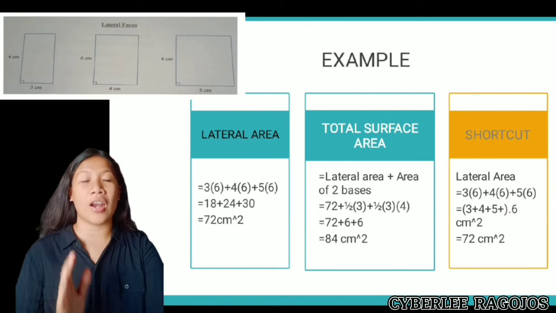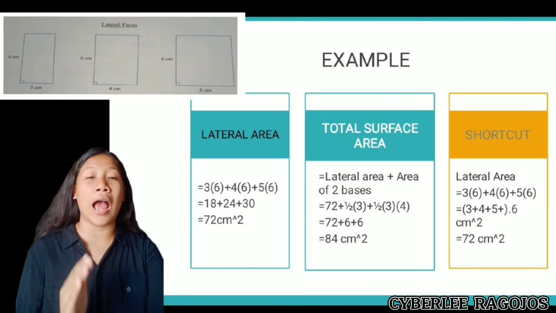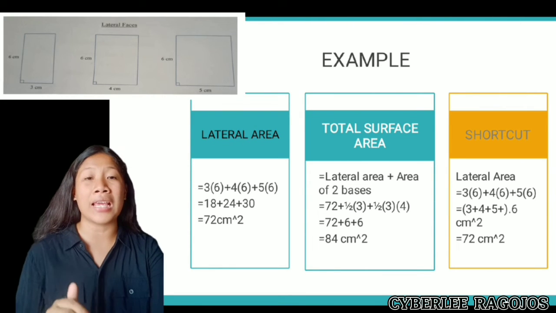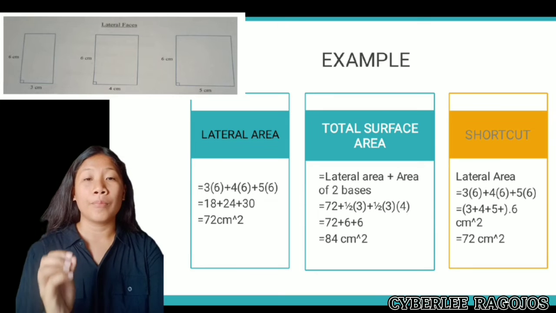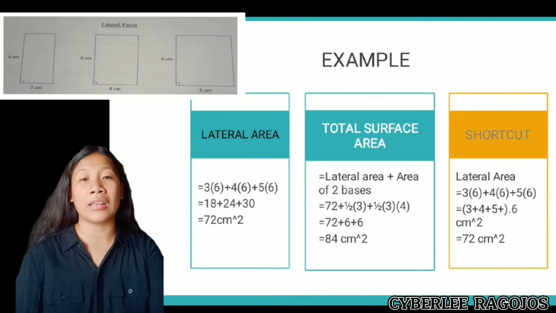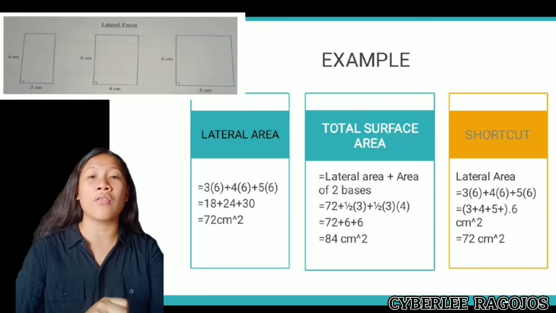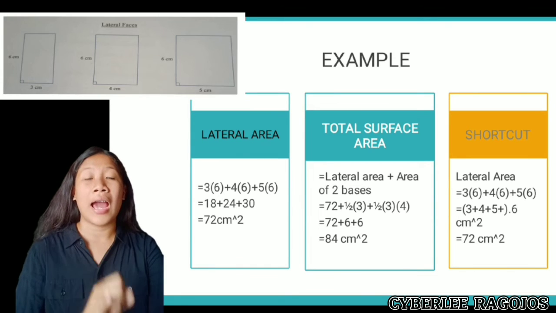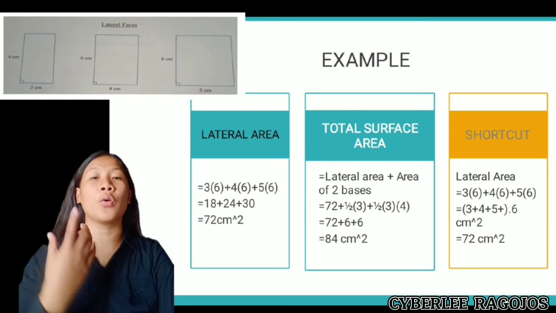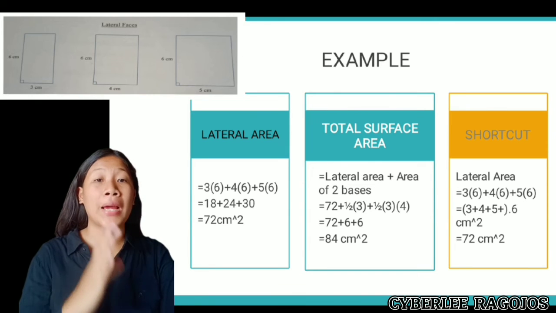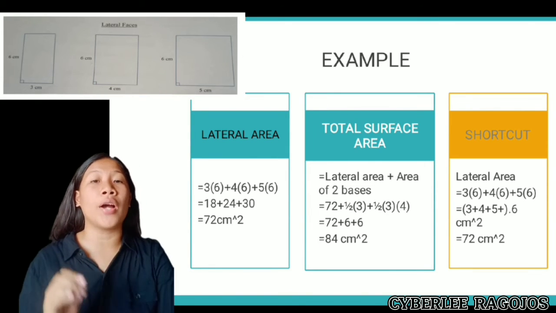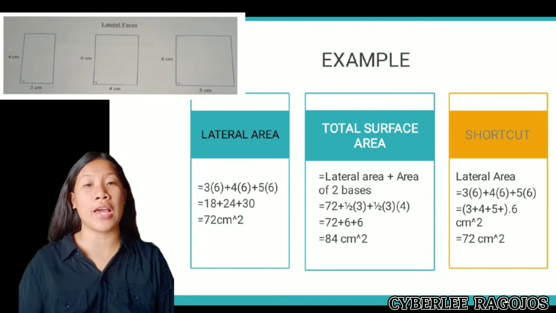So, lateral area, if we factor out 6 and we are going to add and multiply, magiging simple lang siya. So, yung base at saka height na 3, 4, 5 at meron tayong height na 6. So, 3 plus 4 plus 5 and we are going to multiply it by the height 6 cm squared is makukuha natin yung 72 cm squared.